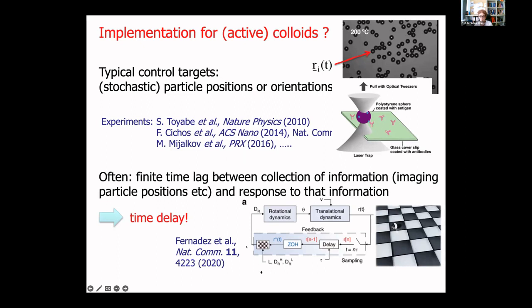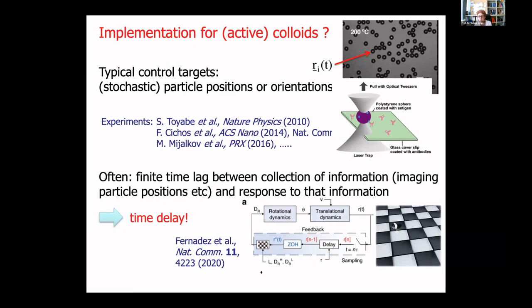And this is just one example that I'm showing here: a setup from Lucio Isa's group in Zurich, where they looked at active particles and feedback control of their rotational dynamics. I like to show this figure because you explicitly see that there's a time delay in monitoring the translational motion.